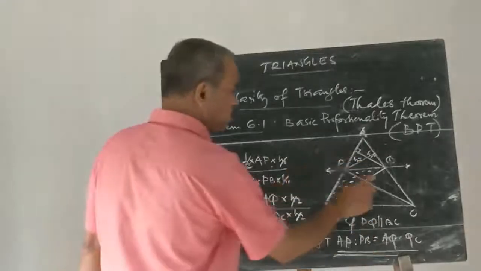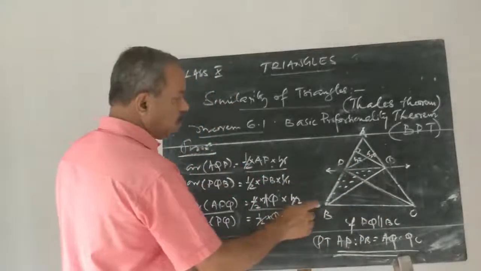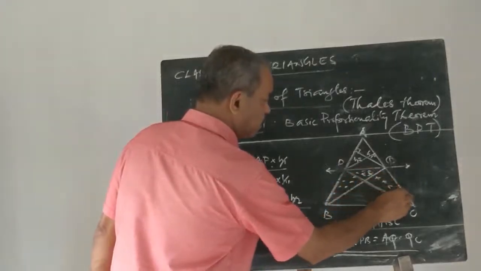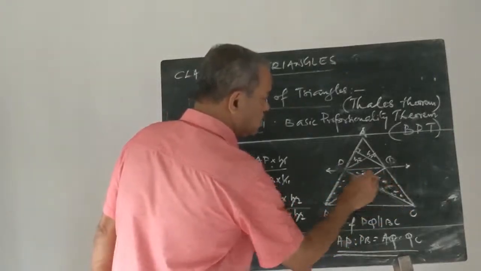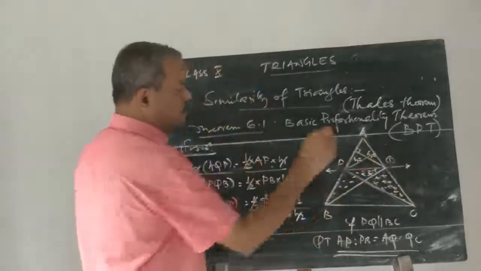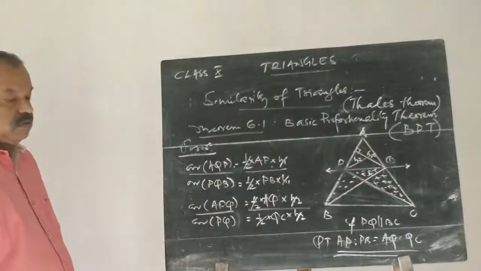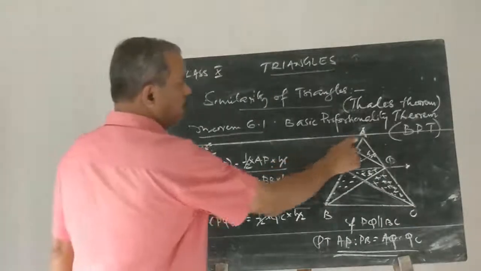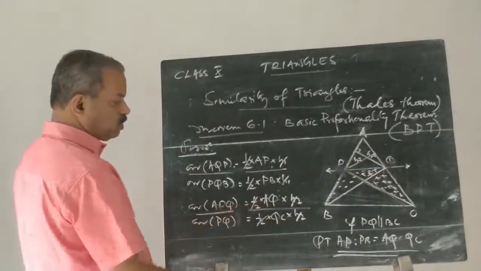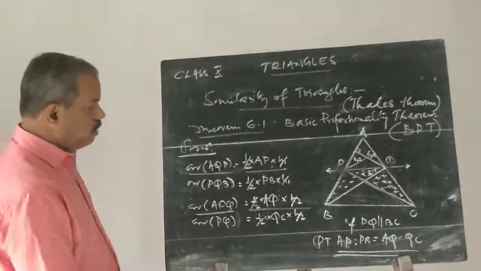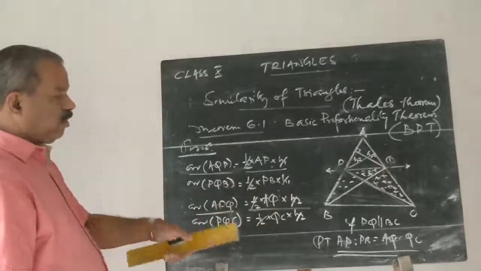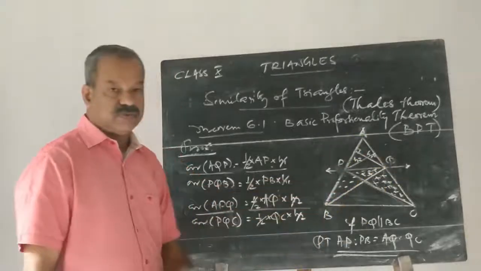What is the ratio of the areas of the second pair of triangles? The ratio of the areas of APQ and PQC is equal to AQ by QC.